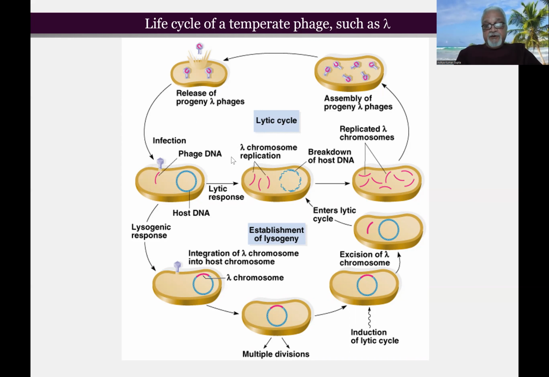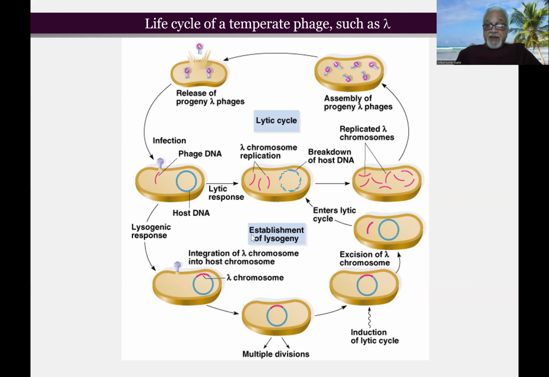The example is from lambda phage, which shows both kinds of life cycles, lytic as well as lysogenic. See, the host chromosomal DNA is broken down, and then this DNA is packaged and assembled into lambda phage, and the progeny phage is released, and this host cell gets lysed.